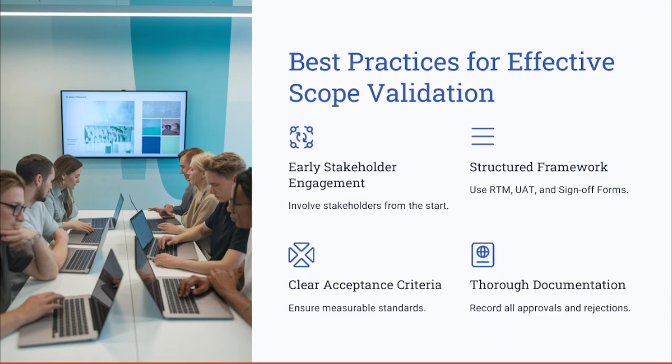Another key best practice here is to ensure measurable acceptance criteria. Deliverables should be validated based on objective standards, when we talk about these acceptance criteria for each of these deliverables, not subjective opinions. This reduces the risk of stakeholders rejecting the work due to personal preferences rather than agreed-upon specifications.